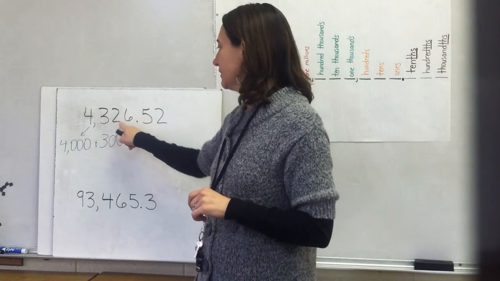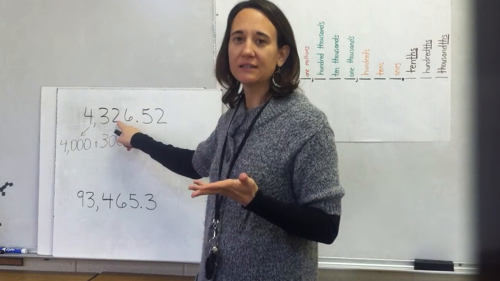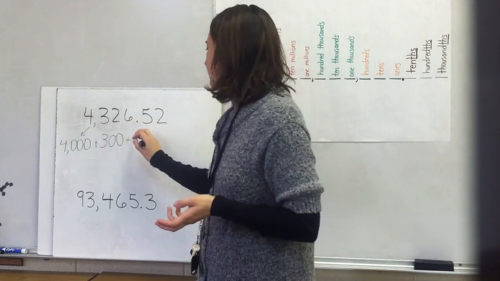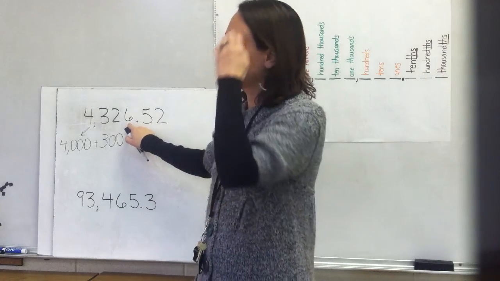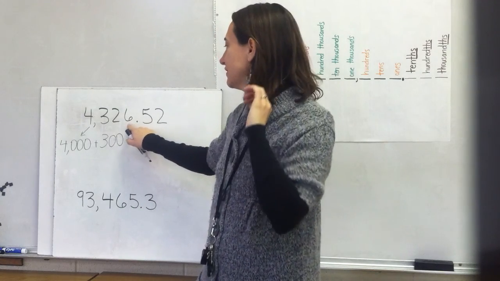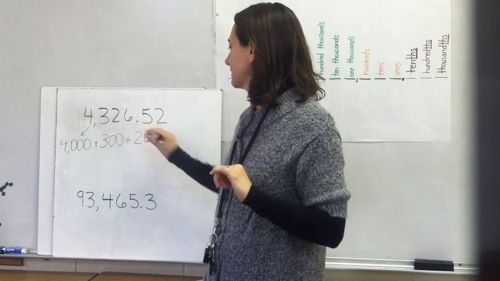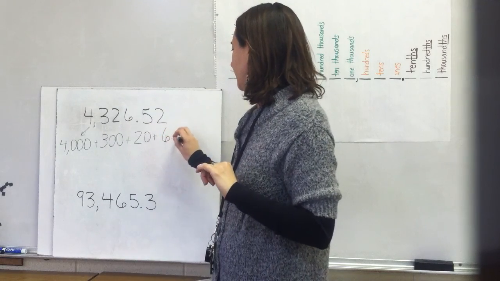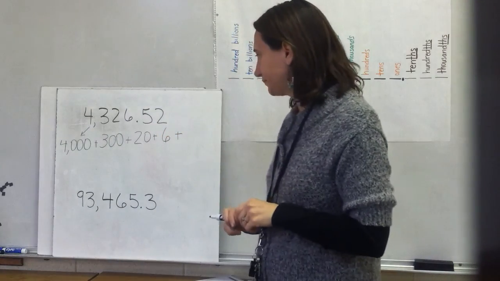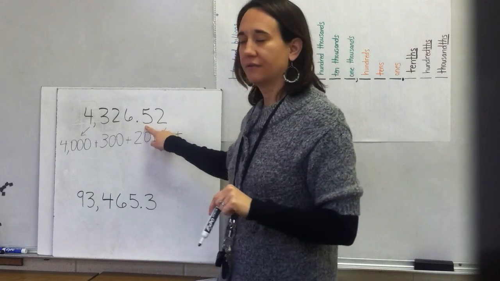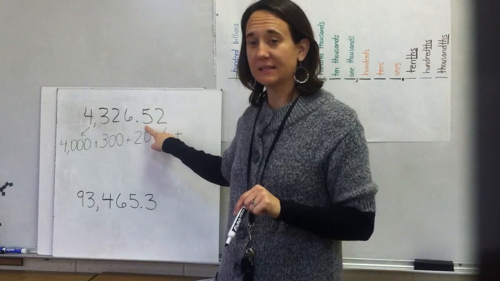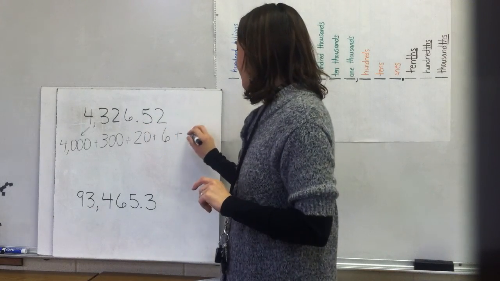The value of this 2 is in the tens place. What's 2 tens? It's 20. This 6, just to the left of the decimal, is in the ones place. Now we get to the right of the decimal. The first place to the right of the decimal is the tenths place. We want to write that 5 in the tenths place.